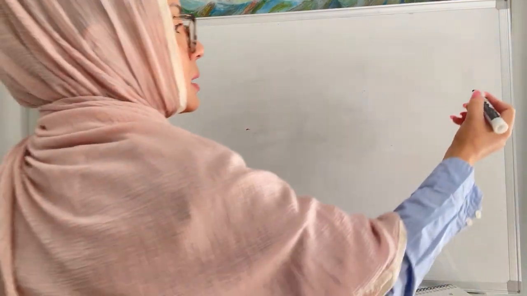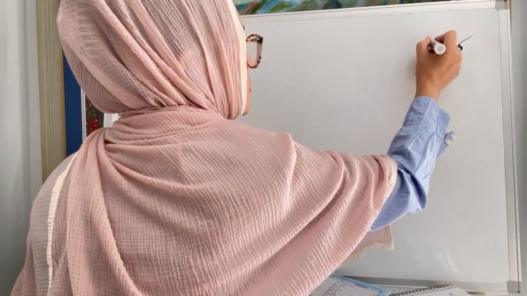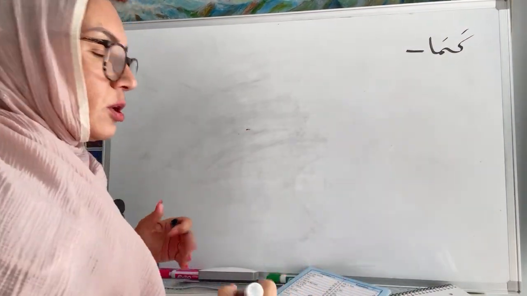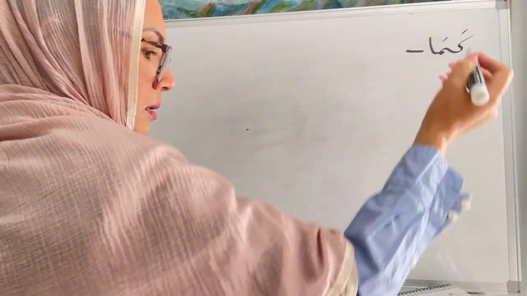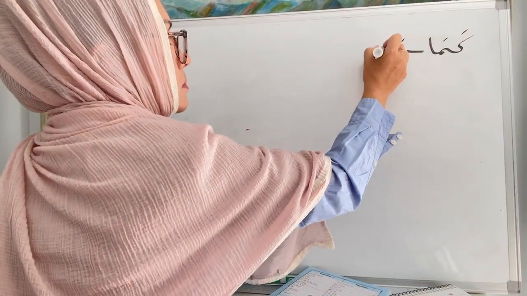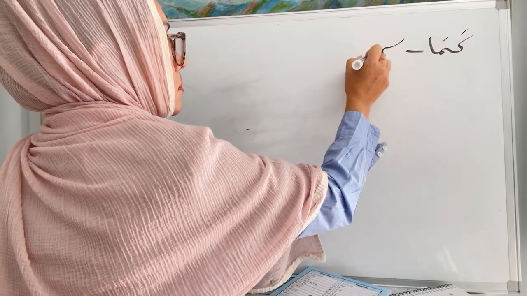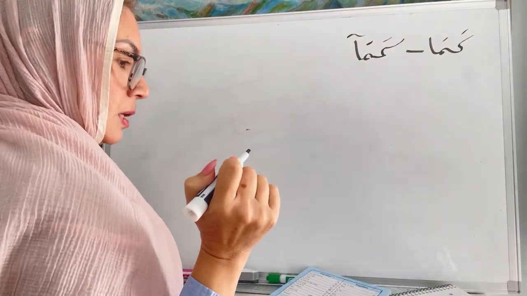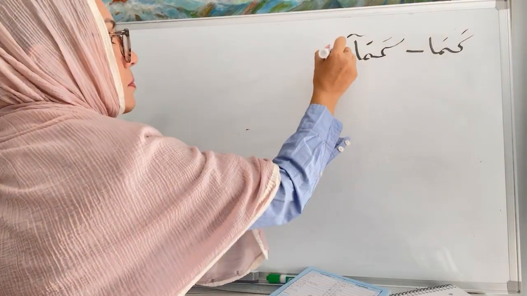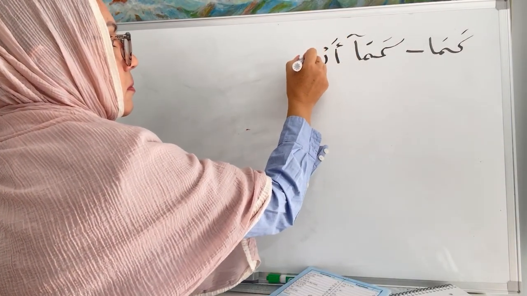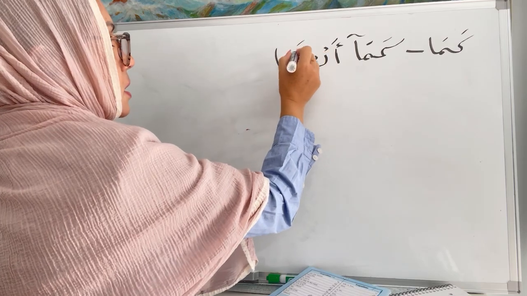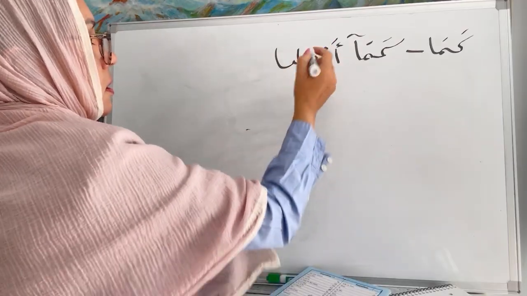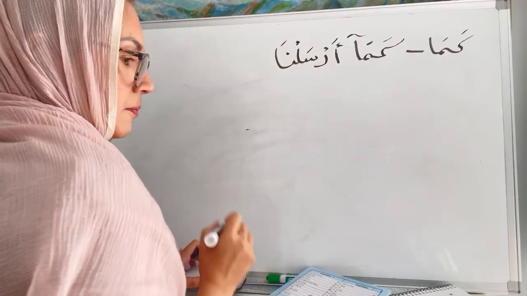Okay, so now we have kama, meaning as or just as or like. كما أرسلنا فيكم رسولا. Sorry, this should be the other way around.